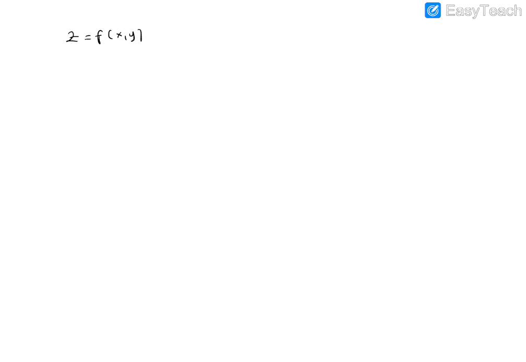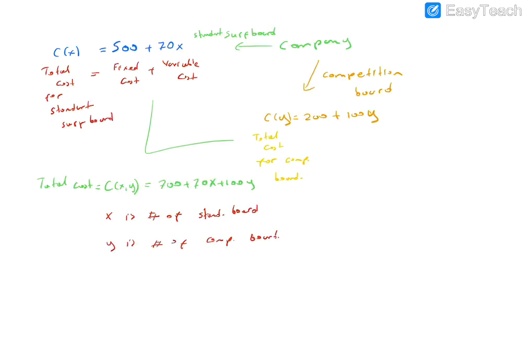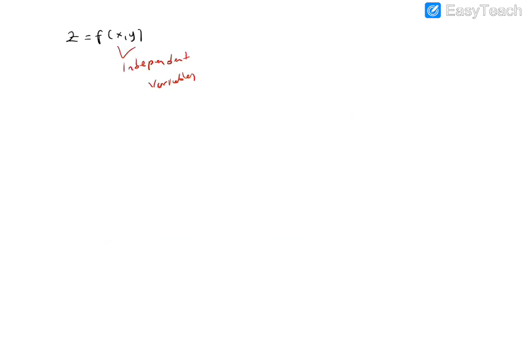Don't forget, again I would like to emphasize, these are independent variables. For example, there is no relation between producing the standard surfboard and the computational surfboard. X can be 5, y can be 10, for example, while when x is 5, y can be 20, 30, 50, etc. These are independent variables.